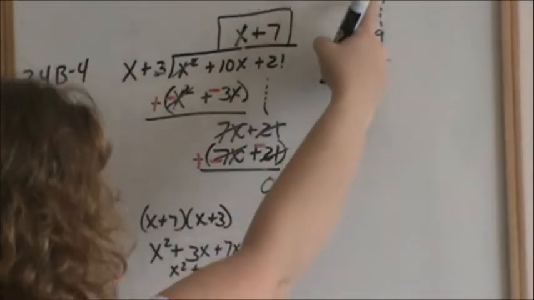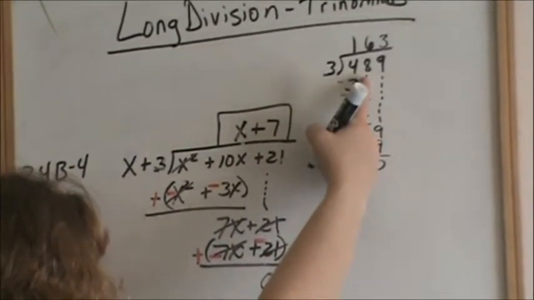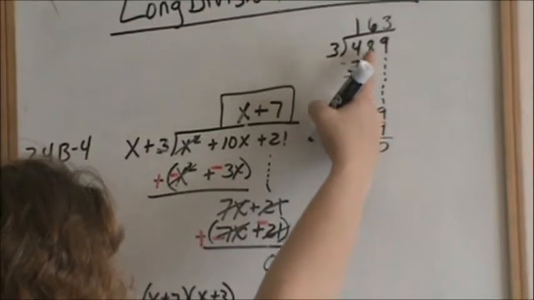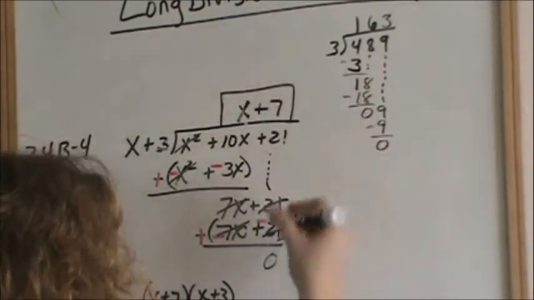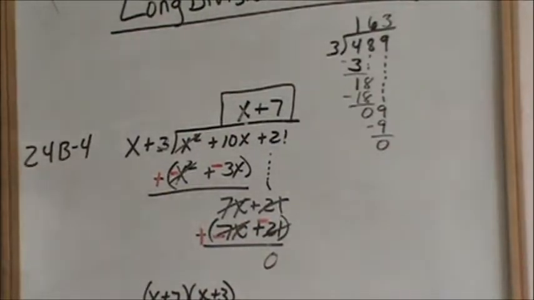Looking back up here to the world of numbers, if we check this, we're going to say 163 times 3 should equal 489. And then that's how you check it.